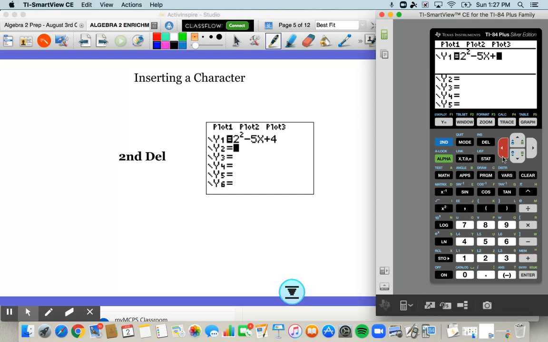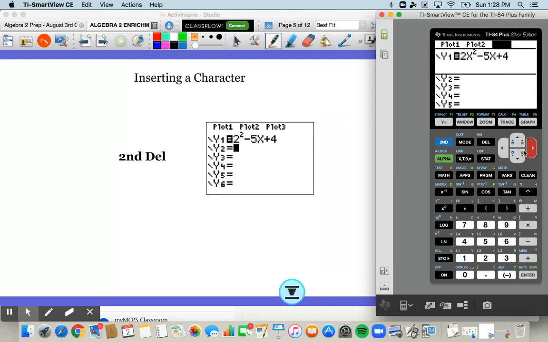So if I go back over here and I'm like, oh, whoops, I just want there to be an x, if I just put an x, it doesn't always work, right? Sometimes it clears things out depending on the type of calculator. So if you push second insert, so second delete, it will let you type that x in without getting rid of other things.